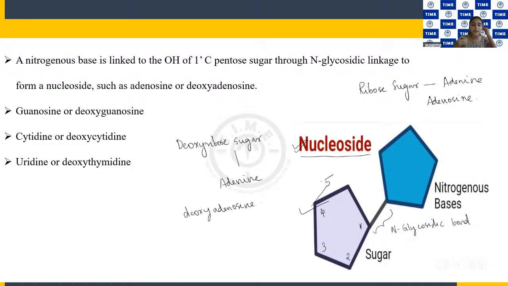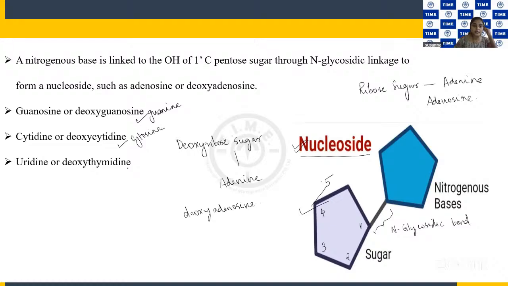Similarly, based on the nitrogenous base added and the kind of pentose sugar to which it is added, we can call them guanosine or deoxyguanosine. In this case the nitrogenous base added is guanine. Then it can be cytidine or deoxycytidine, where the nitrogenous base added is cytosine.